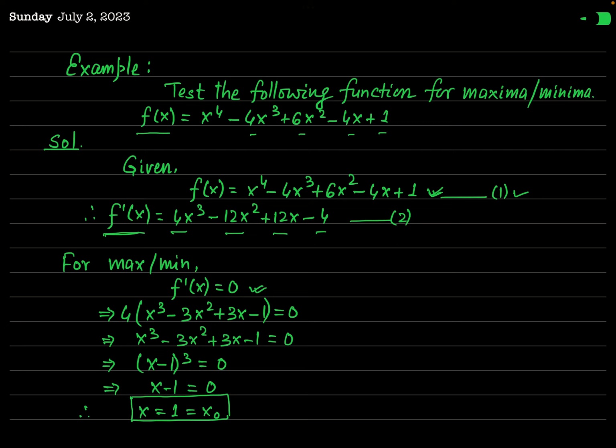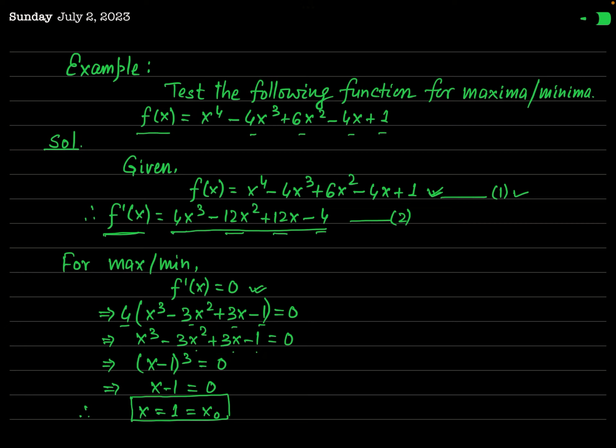Okay, and you can see, since f dash of x is equal to this much, which I have defined in equation 2, so you can write by taking this 4 as a common factor, that this is 4 times x cube minus 3x square plus 3x minus 1 equal to 0. But since 4 is not 0, so definitely this second factor inside the bracket will be 0. And so you can say that x cube minus 3x square plus 3x minus 1 equal to 0.